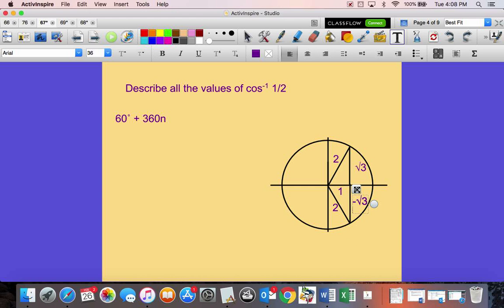It doesn't change our answer at all. This reference angle is still 60 degrees, so 360 minus 60 would give us 300 degrees. So that's the first part of our answer, plus 360n. And that would give us all of the values for cosine inverse of 1/2.